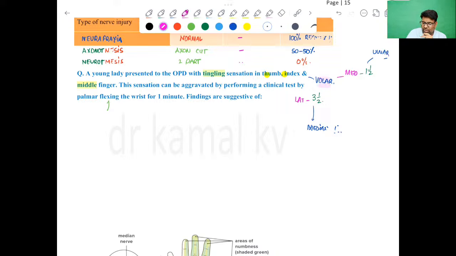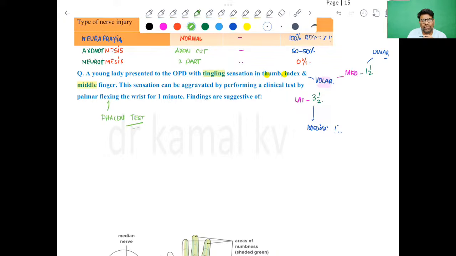So what happens, if there is any compression of the median nerve, the patient will have paresthesia in the distribution of the median nerve, that is lateral 3.5. So thumb, index finger, and middle finger, and some part of the ring finger as well. And this is aggravated if we do palmar flexion, that is actually the Phelan test.